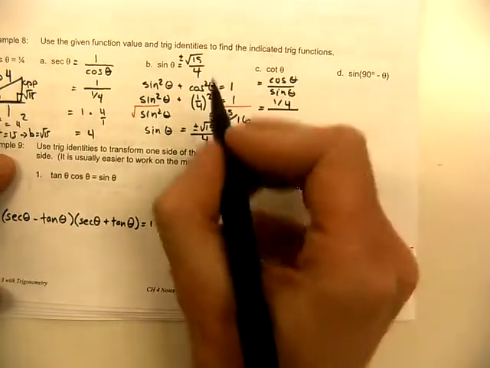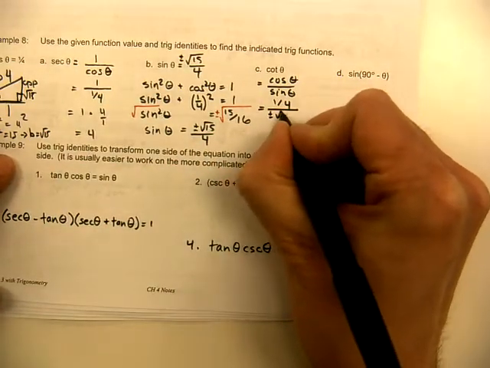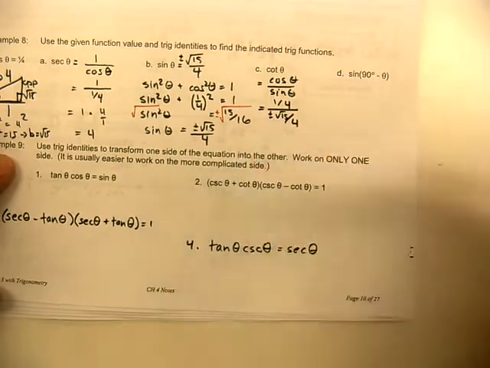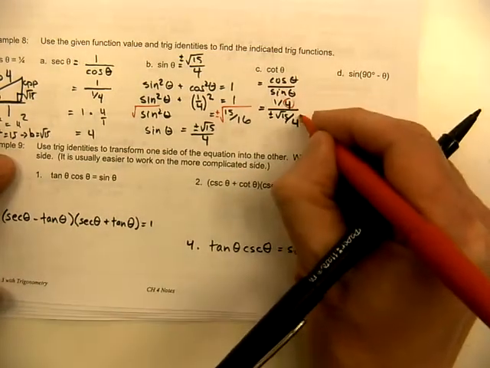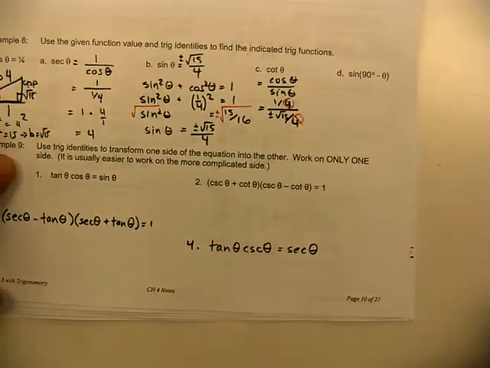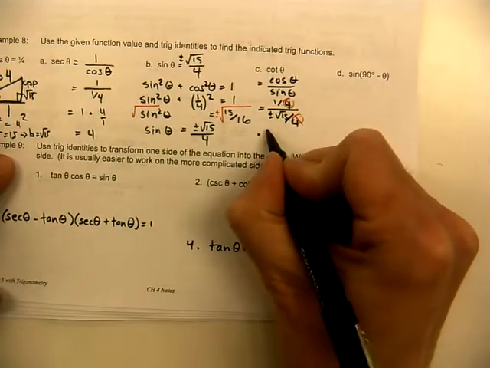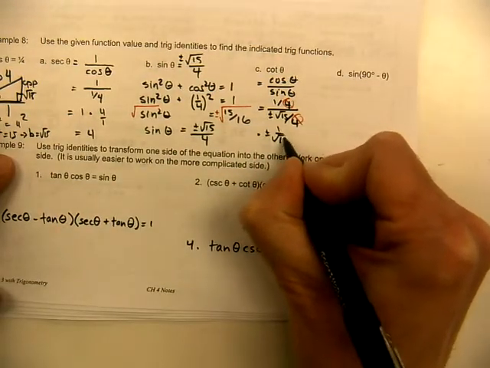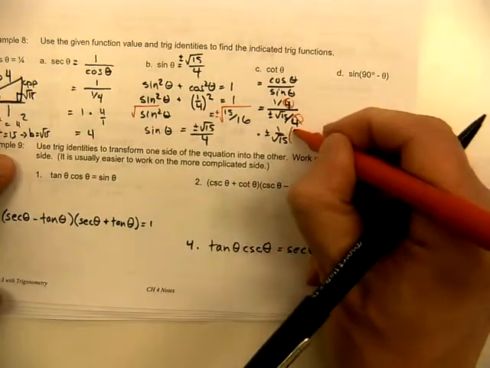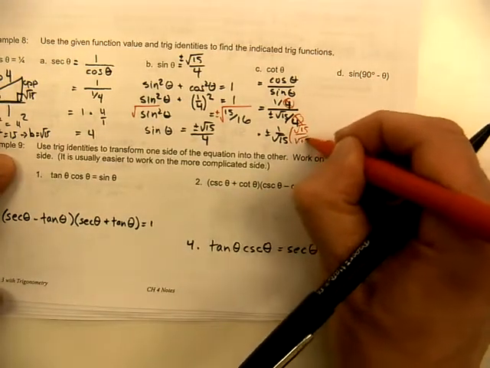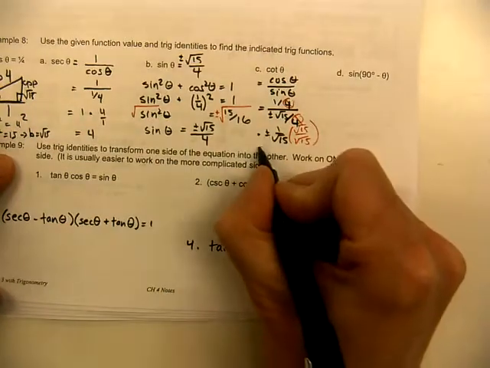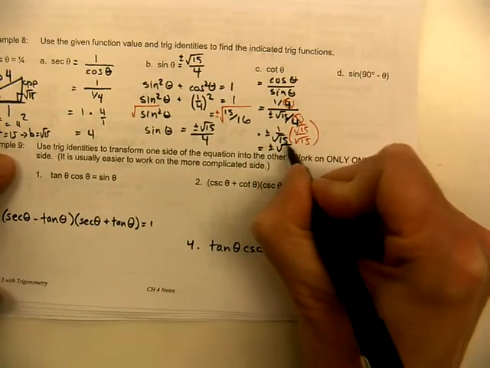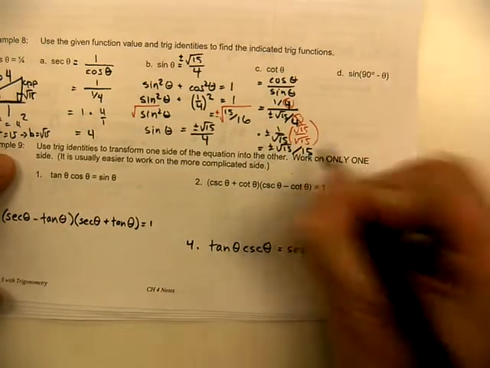And the sine theta, that's our plus or minus root 15 over 4. You can see they each have a common denominator of 4, so those 4's cancel out. So we are left with a plus or minus 1 over root 15. We have to rationalize the denominator, of course. Plus or minus root 15 over 15.